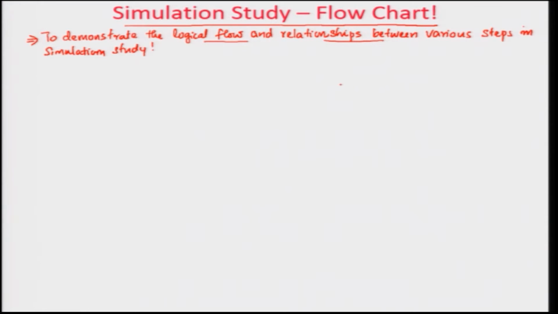So, a flow chart helps us to understand things in a better fashion.